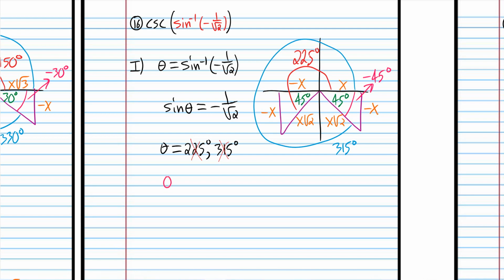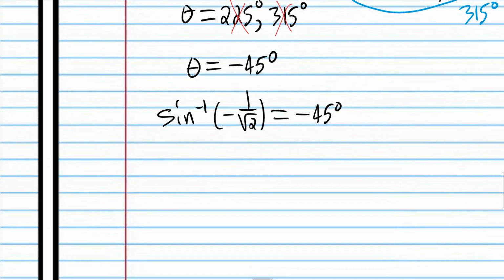So theta is actually going to be negative 45 degrees. So what we found is sine inverse of negative 1 over root 2 is going to be negative 45 degrees. That's the first part of the problem.